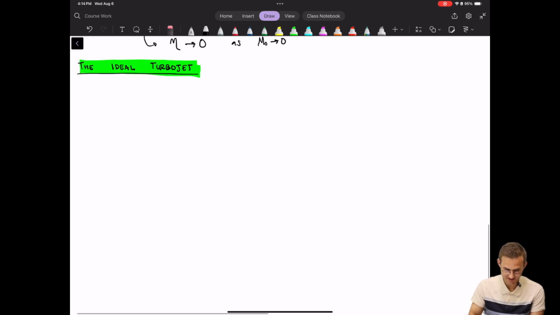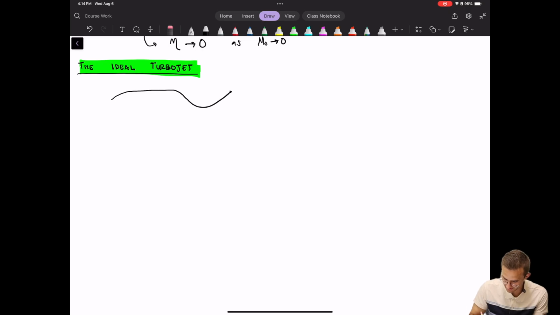What we're about to discuss here is a turbojet operating in the ideal case. So what does a turbojet look like? It's very similar to the ramjet, where we have the inlet, then a converging-diverging nozzle, and we still have a burner.